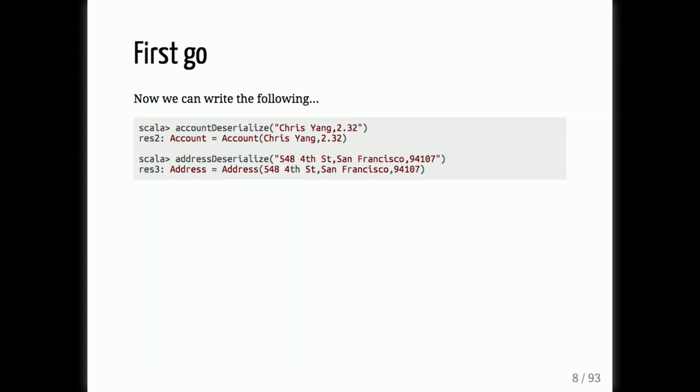And it's actually a really nice API. We can create a deserializer for every type we want and apply it to this string. And we get a useful type back, not just any, for example. We get account or address, which is great.